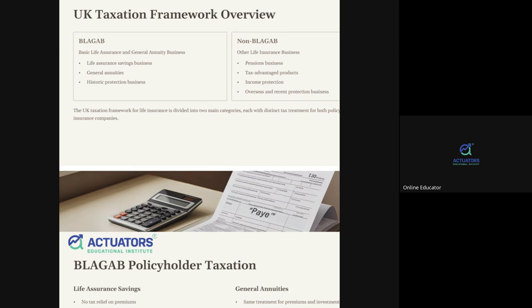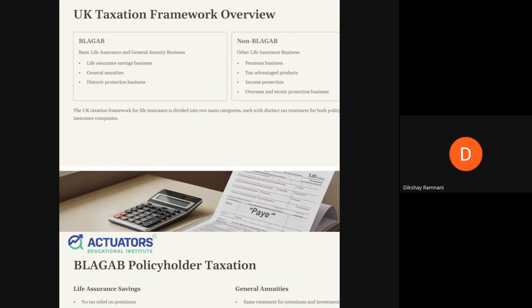So all your pension products, income protection, any overseas product, even your normal protection business, any protection business sold after January 2013, all of that becomes non-BLAGAB. Okay. Now, what do you think? What kind of business gets taxed on an I minus E basis? What will get taxed on a trading profit basis? What category do you think I minus E is more suitable for?